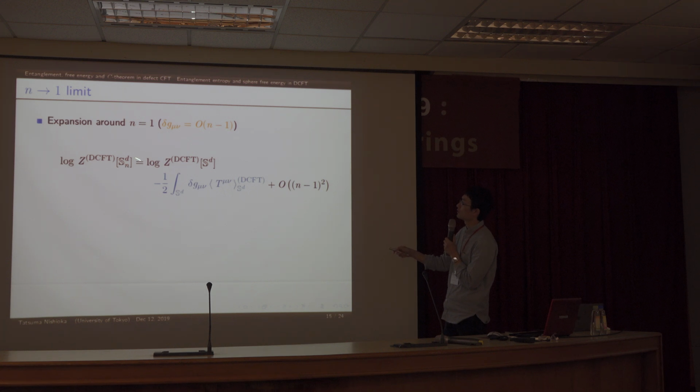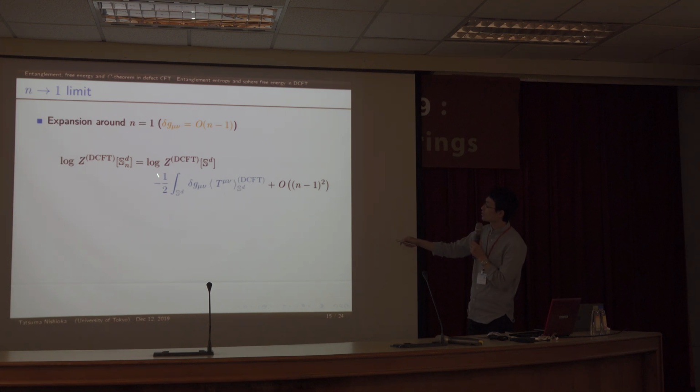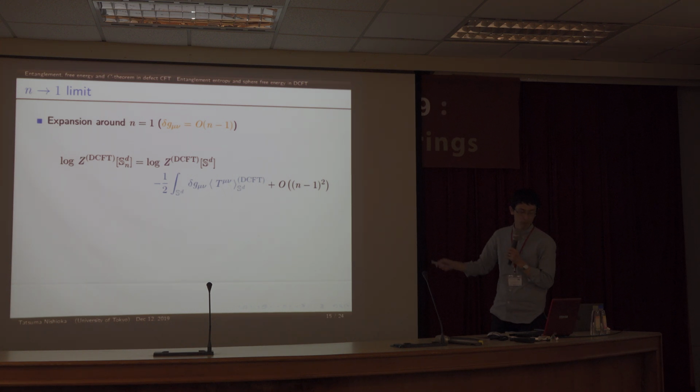So you can expand the partition function with respect to this small deviation. And then the leading term is given by T_μν times the variation of the metric on the sphere. This is just the order n minus 1 term, and only this term contributes to the entanglement entropy. The higher order terms do not contribute.